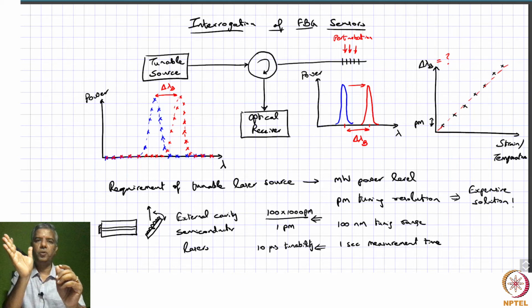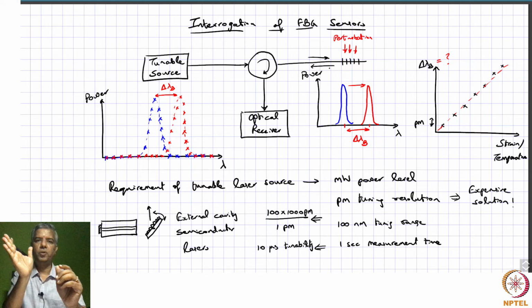So that is one issue with this technology. But the other fundamental issue is: what are we picking up? We are going in with a tunable laser, and then we are looking at the back reflected power.